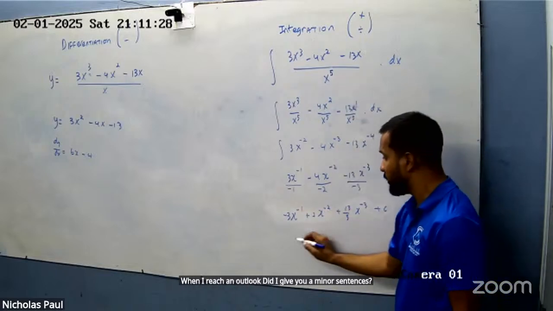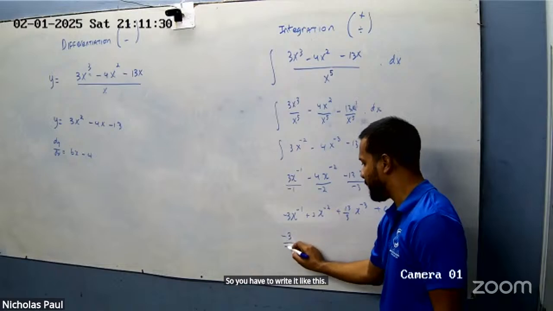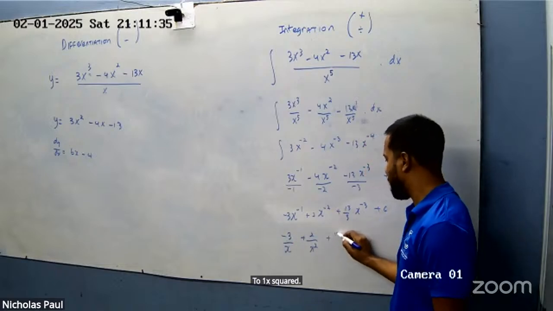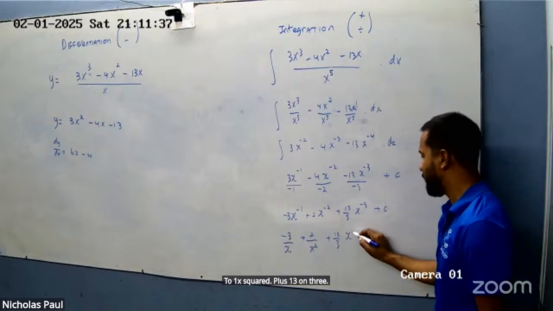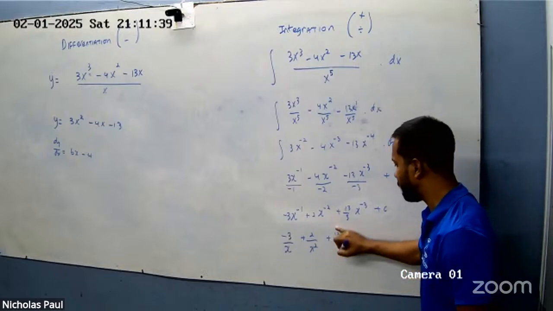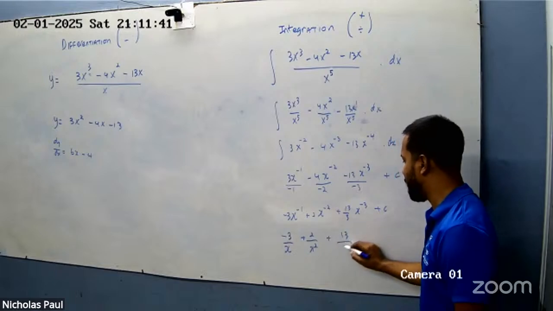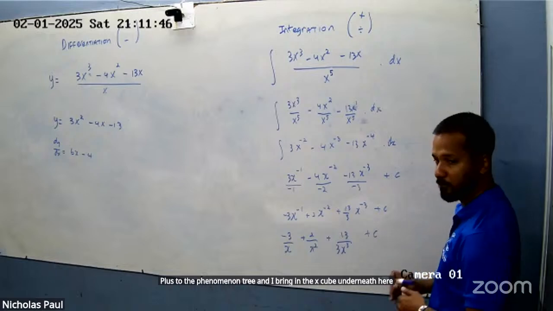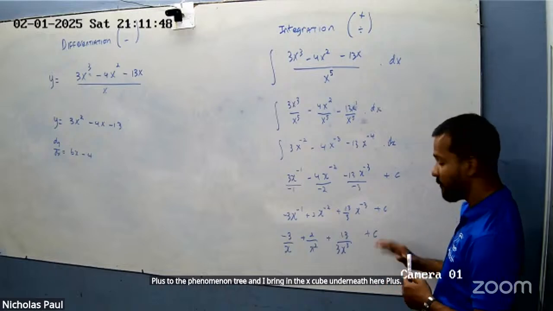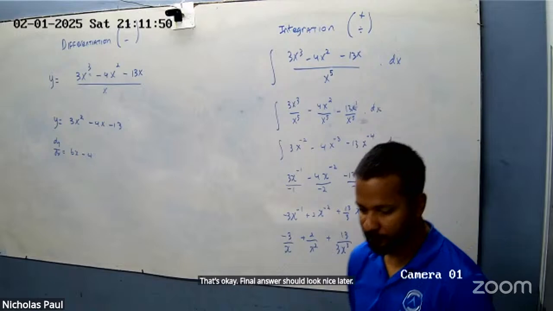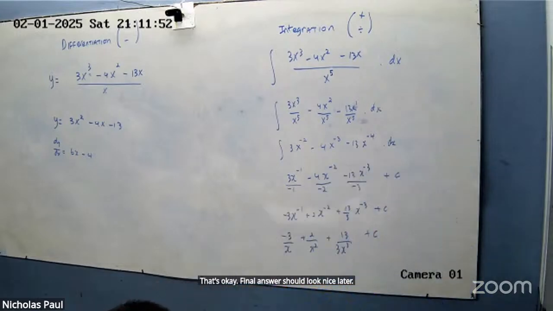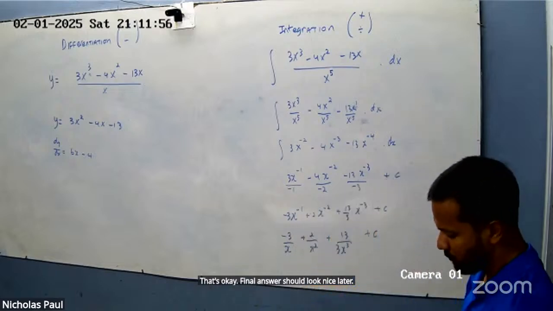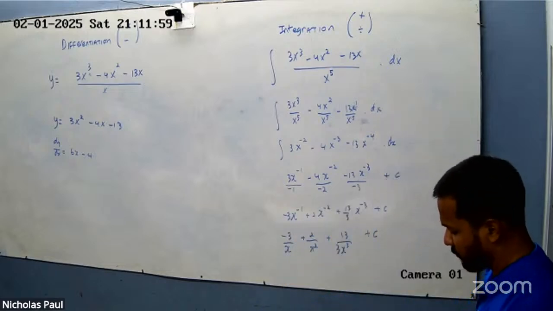No. So you have to write it like this: minus 3 on x, plus 2 on x squared, plus 13 on 3, and I bring the x cubed underneath here, plus C. That's okay? Final answer should look nice like that. Copy it down.